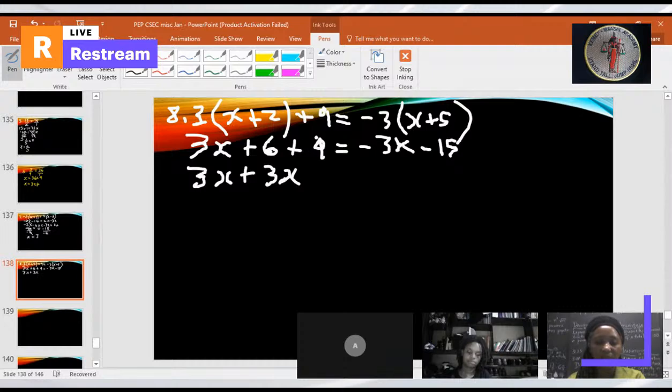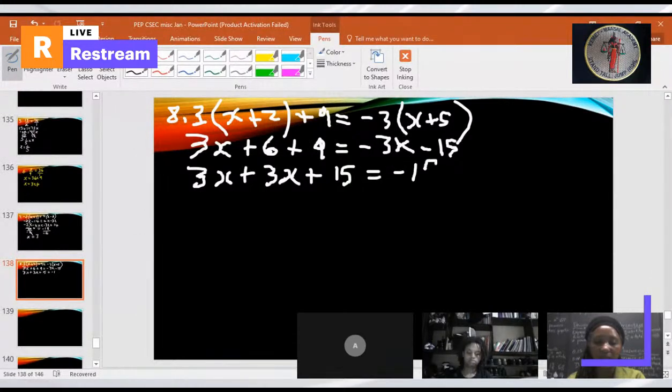Can I combine the 6 and 9? Yes, that would give 15. And I no longer have the negative 3x because that is now cancelled. So I'll have negative 15.